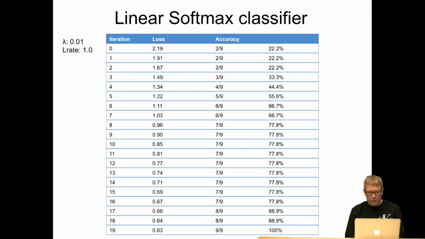In the next iteration, we have a reduced loss of 1.91, but still only 2 out of 9 examples were correctly classified. And we continue, and on iteration 19 we had a loss of 0.63 and all examples were correctly classified, so we have 100% accuracy.